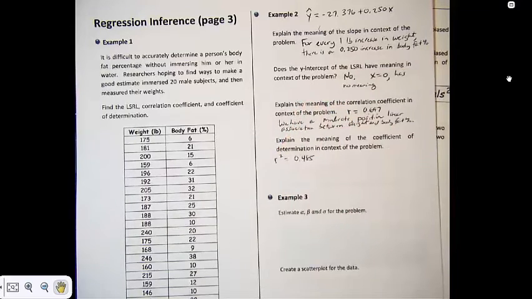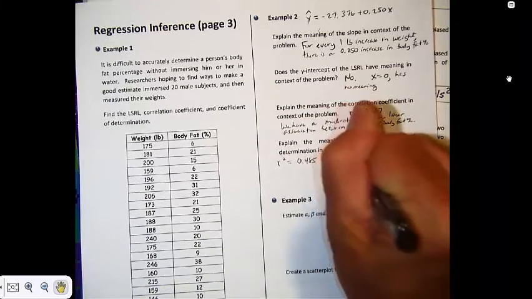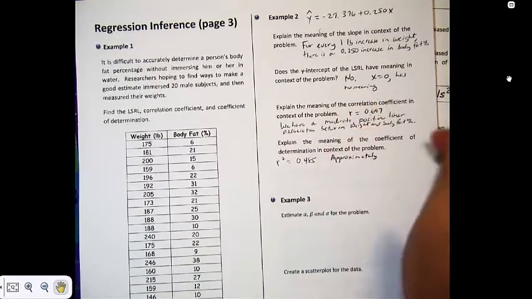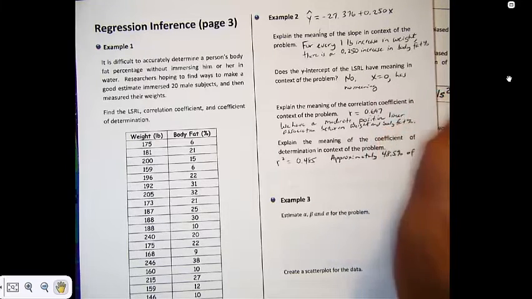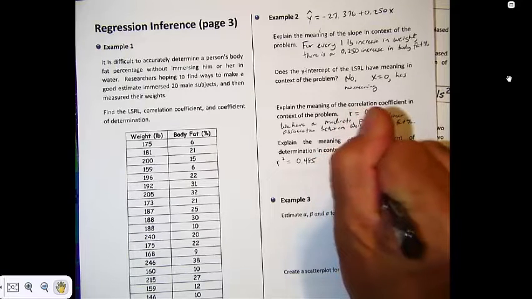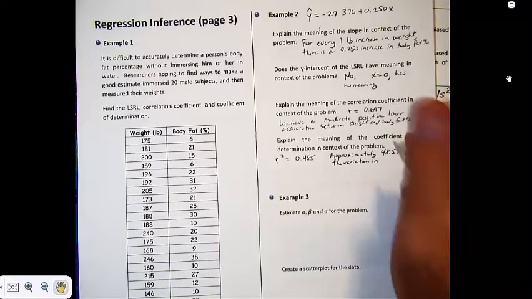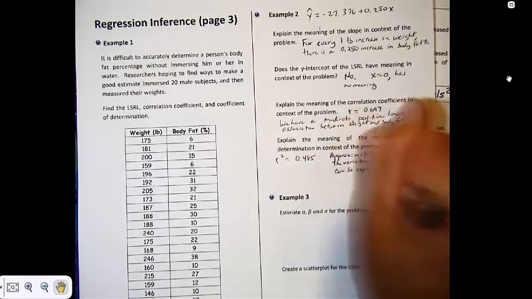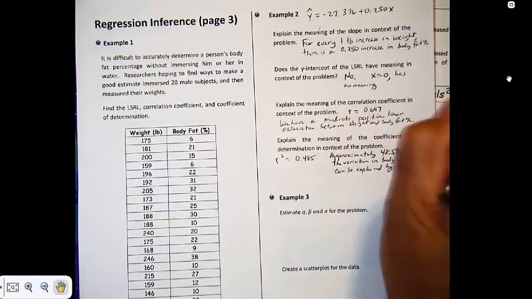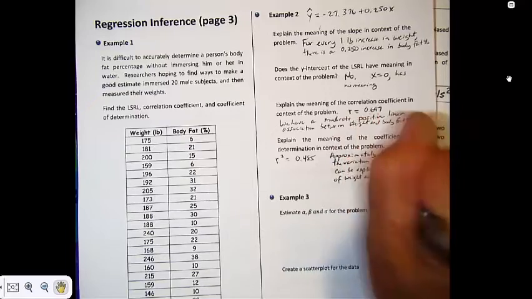To interpret the coefficient of determination, recall that approximately r squared percent, or 48.5%, of the variation in our response variable y, which is body fat percent, can be explained by the least squares regression line of x and y, which is weight and body fat percent.